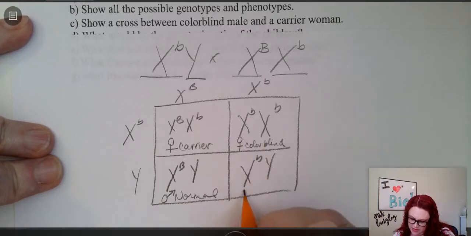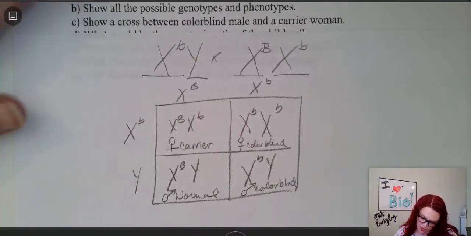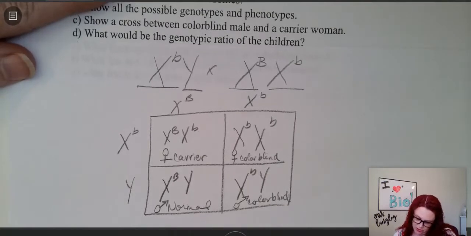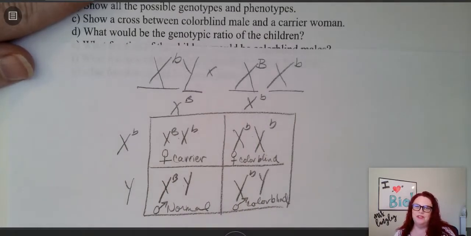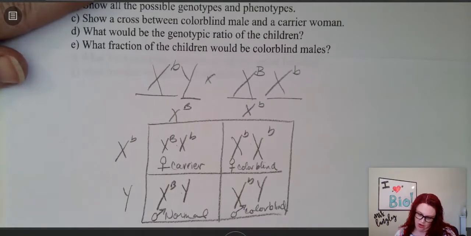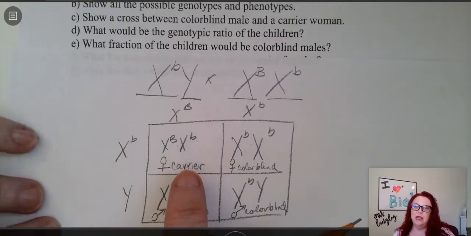XY means male, little b means colorblind. Okay. What would be the genotypic ratio of the offspring? So it's one of these to one of these to one of these to one of these. Four different, one of each. What fraction of the children, so that means all of them, would be colorblind male?